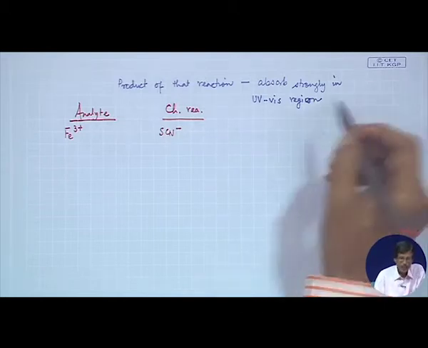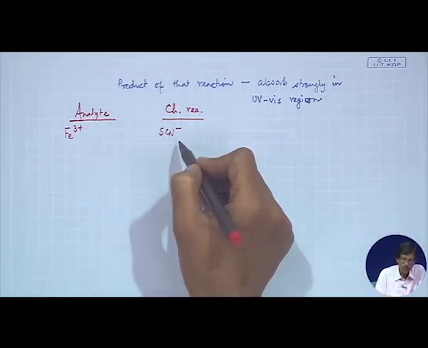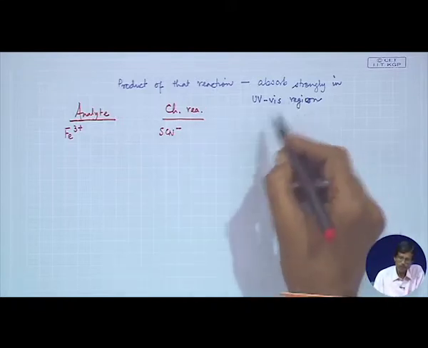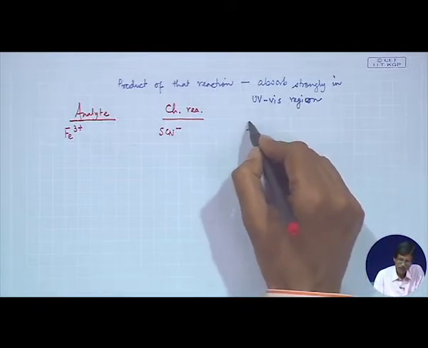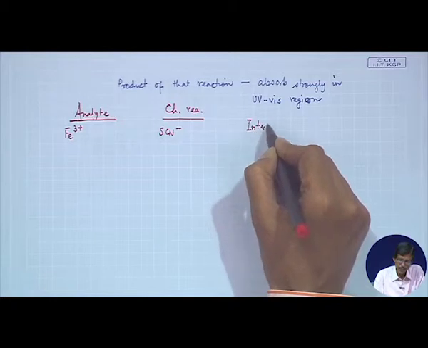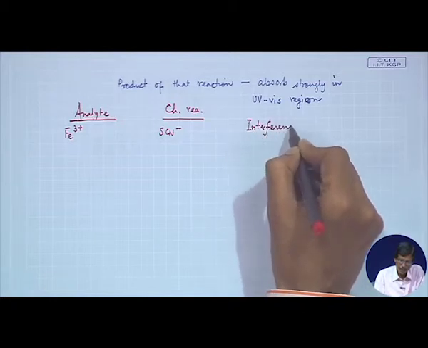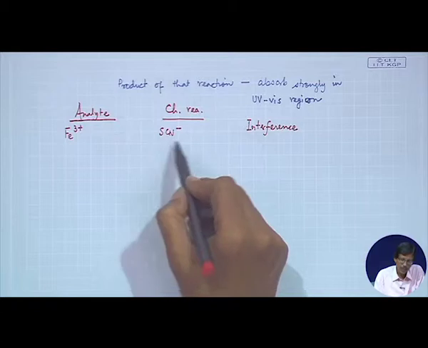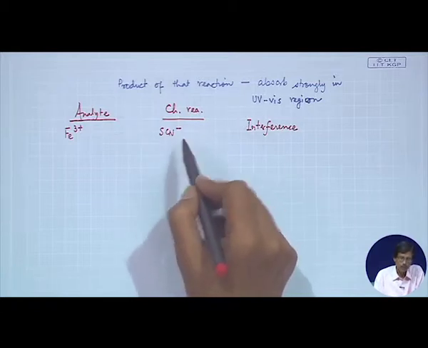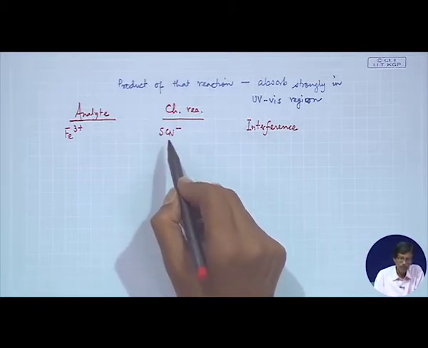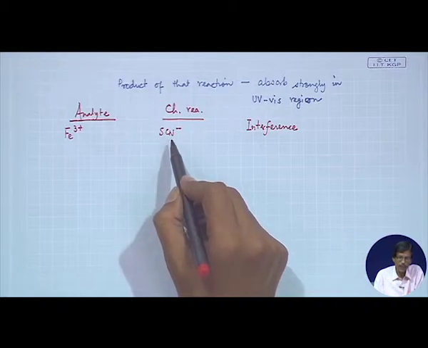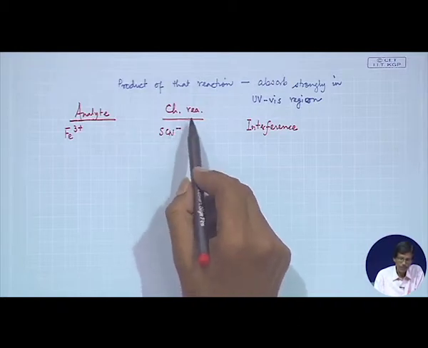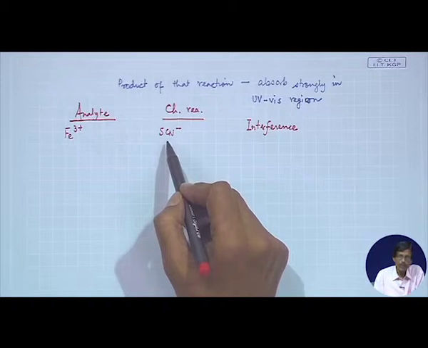So, when this binds over there, we should also be very careful about one particular terminology, the interference, due to the presence of other metal ions which can also bind to this particular inorganic anion, your chromophoric reagent, but give different types of color.